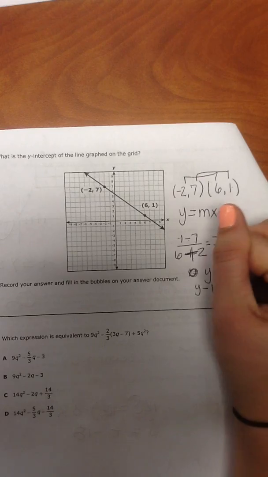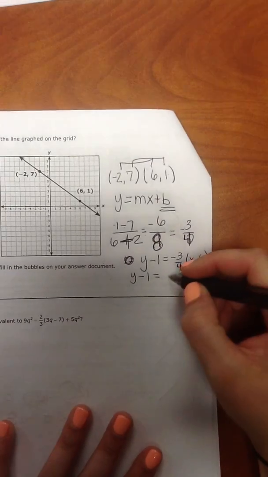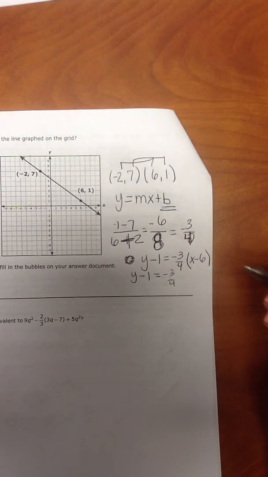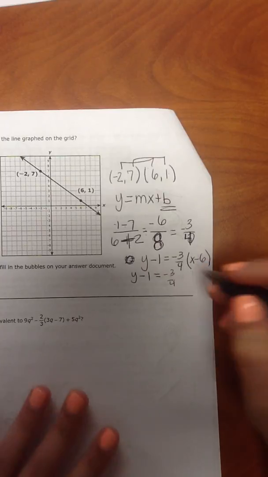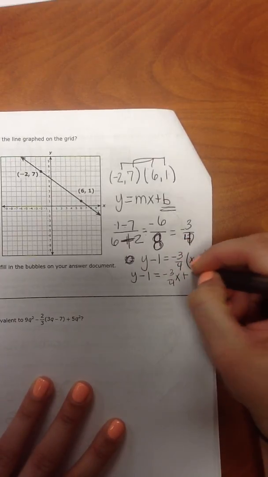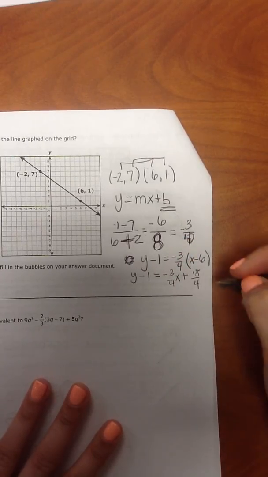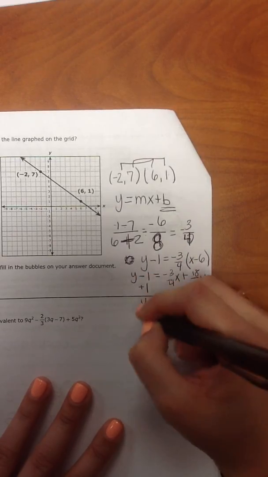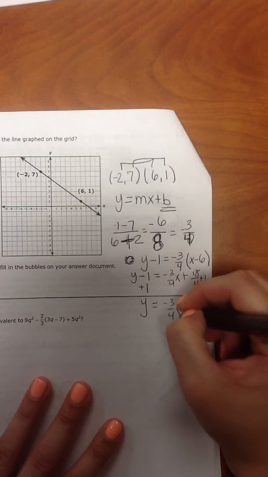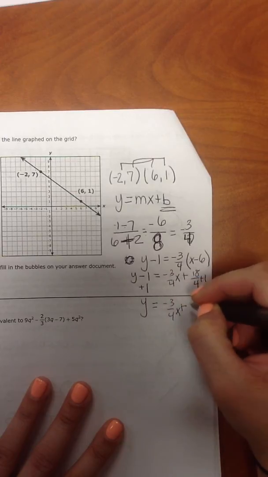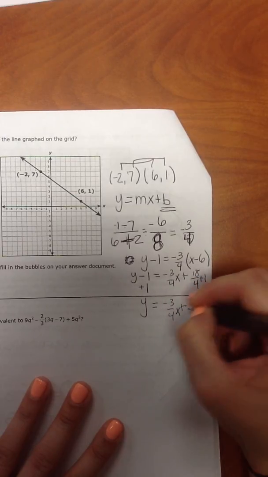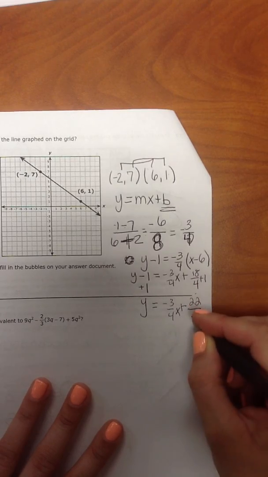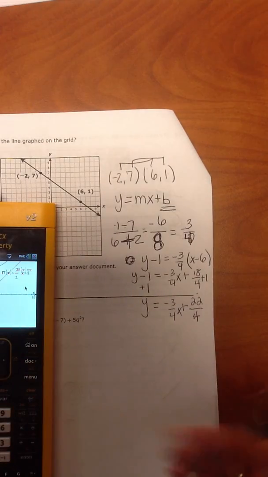Y minus 1 equals negative 3/4 x plus 18/4 if you put it in your calculator. I'm now going to add 1 to both sides, which is going to give me y equals negative 3/4 x plus 22/4. Now, if you put 22/4 in your calculator, let's go ahead and do that, because that's our y-intercept.